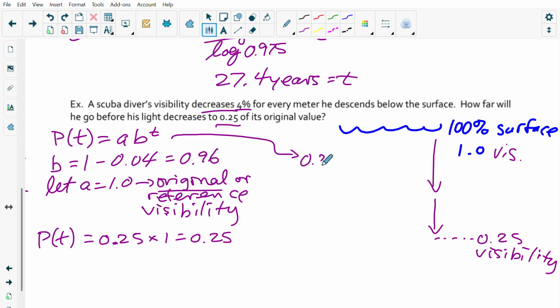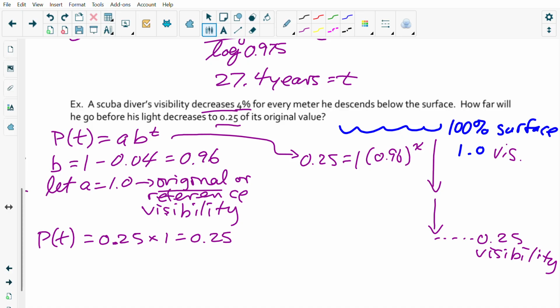So I have 0.25 equals A, which is 1, times B, which is 0.96, to the t. In this case, instead of t, I'm going to say x, right?